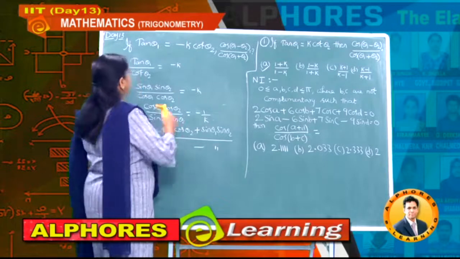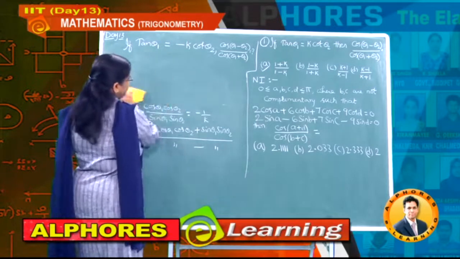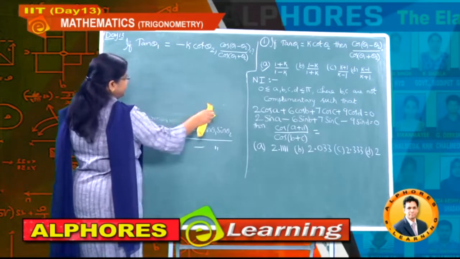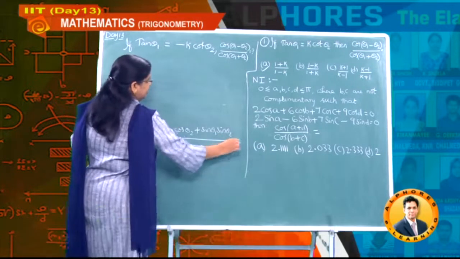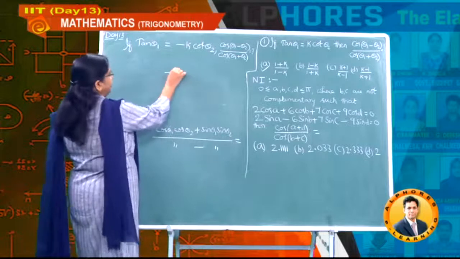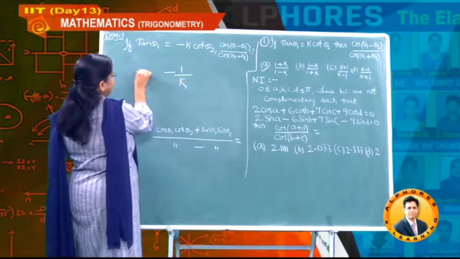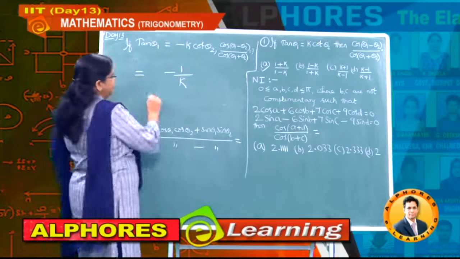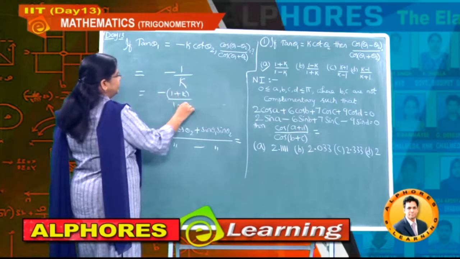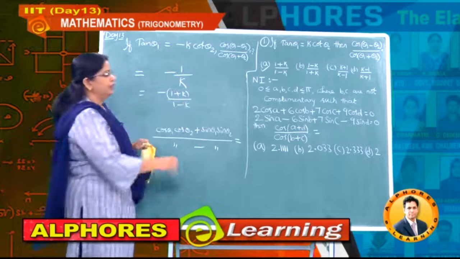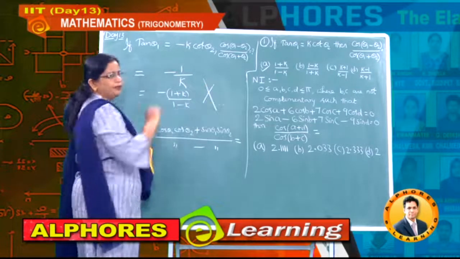Whenever there is this minus 1 by k, you have to use it very carefully. Directly you should not write minus of numerator plus denominator by numerator minus denominator. This is a complete error, understand.